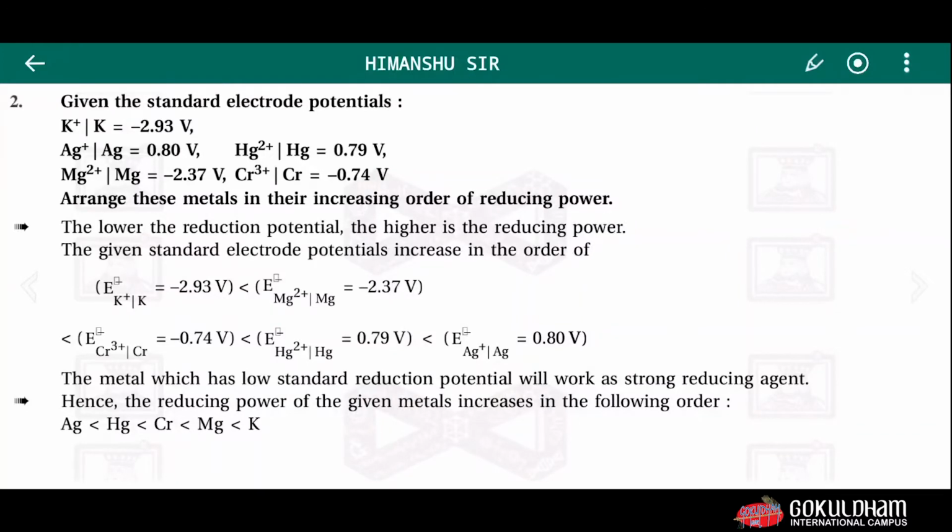So you can see the order of reducing power is as under: Ag less than Hg less than Cr less than Mg less than K. This is the answer.